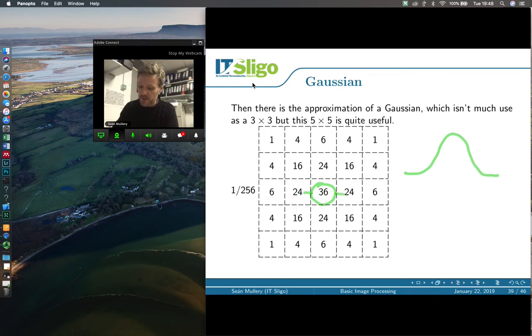We get fairly high priority for these nearest neighbours, and a little bit less for these, because they're on a diagonal and a little bit further away, and you can see then how these numbers all drop the further away that they get. And this kind of approximates that shape that we would get from a Gaussian. I say kind of, because we can only get as close as we can with integer values and so on. If you add up that total, it comes to 256, and hence that's why we divide by 256 there.